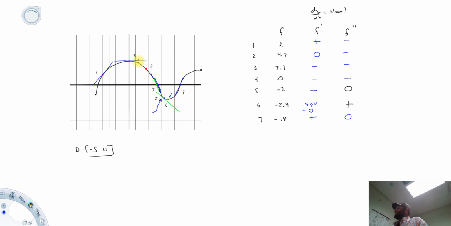We look at a point like right here. The slope is negative, but it has downward concavity. So the first derivative is negative at this point, and the second derivative is negative at this point, and so forth. So again, this is meant to be a video to just help you conceptually understand how the derivative and the second derivative relate to these graphs.